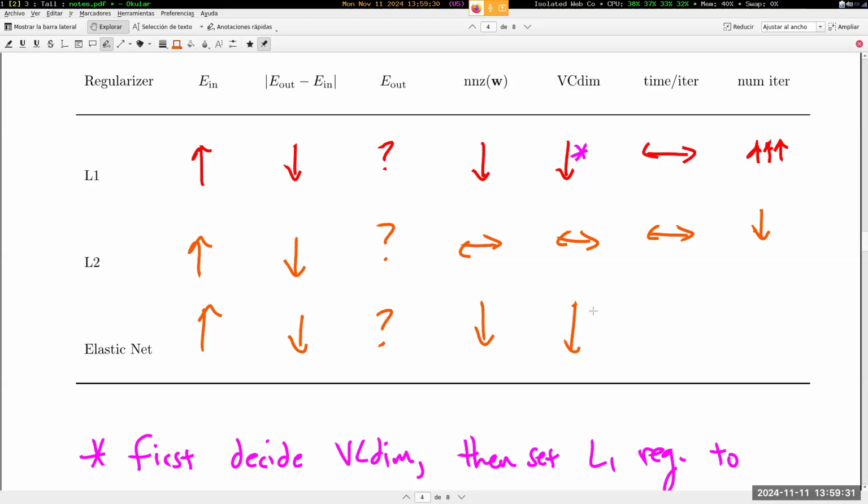With that same asterisk, you can use it to reduce your VC dimension to get that k-sparse basis. The time per iteration is the same, but the number of iterations is only a little bit larger now, instead of a lot larger like it was with the L1 regularization.